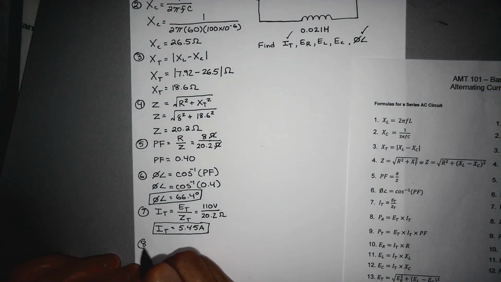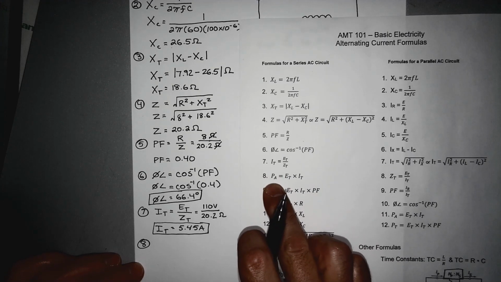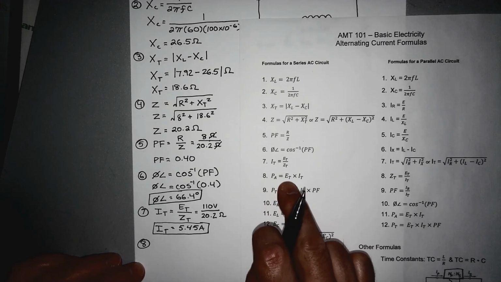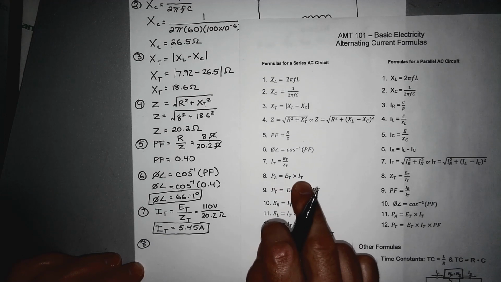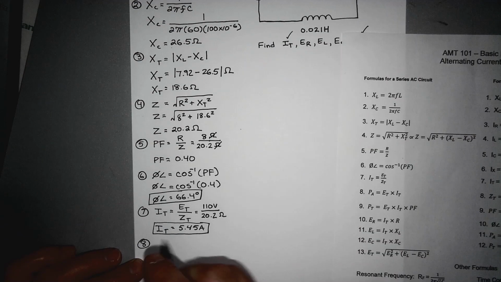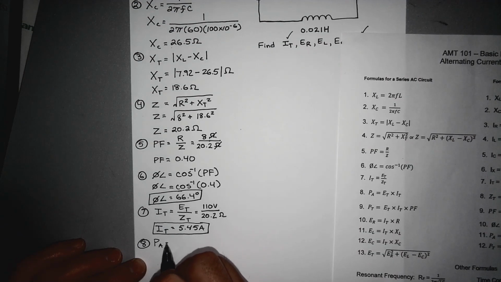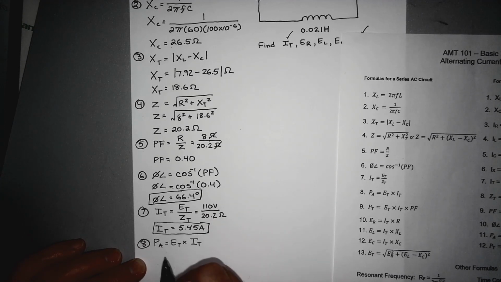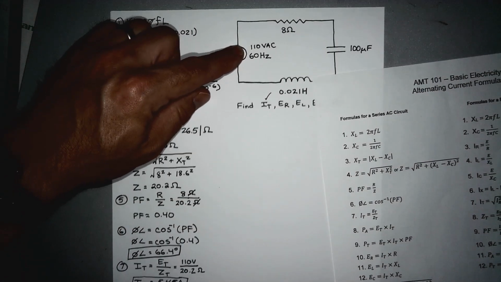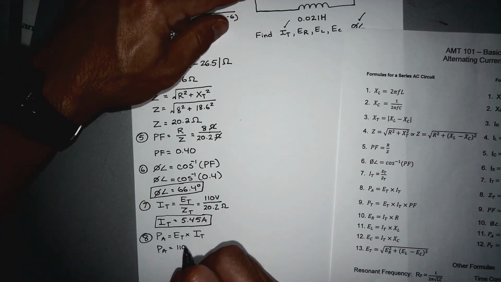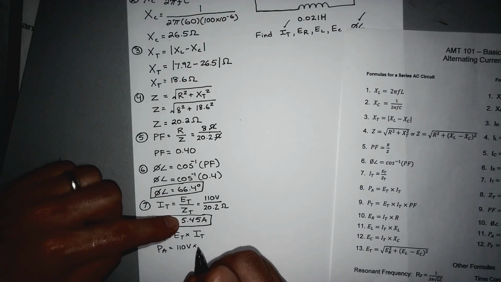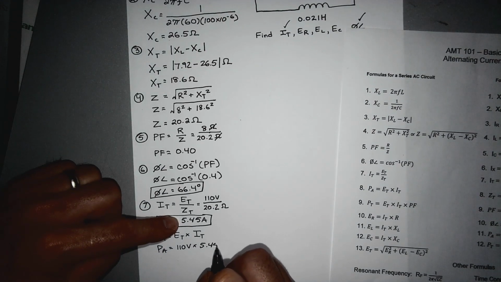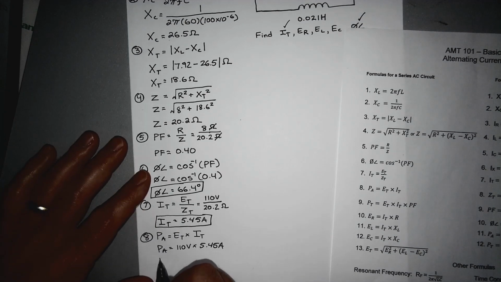Number 8 is the apparent power. If we just took this E times I at face value, not factoring in any type of phase shift, that's what apparent power is. So apparent power is equal to E sub t times I sub t, which is our 110 volts times our I sub t of 5.45 amps.